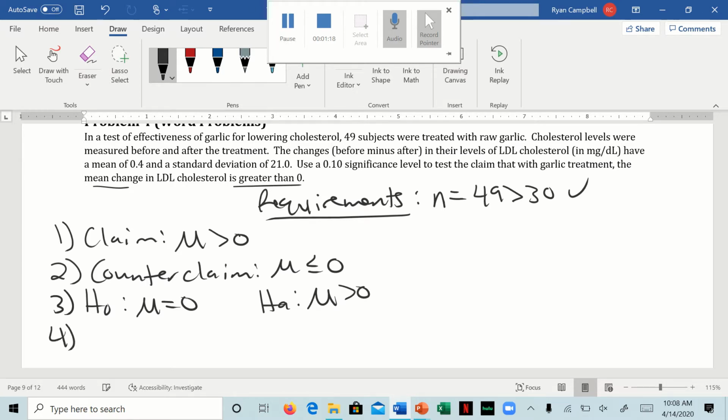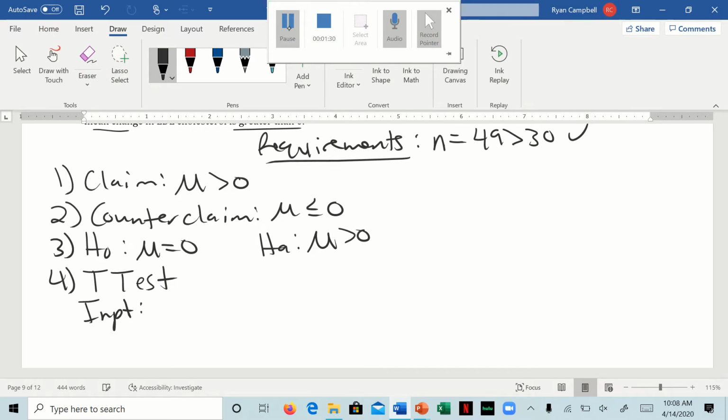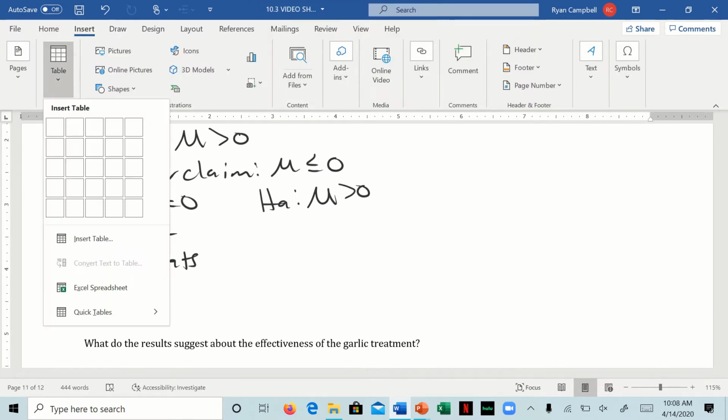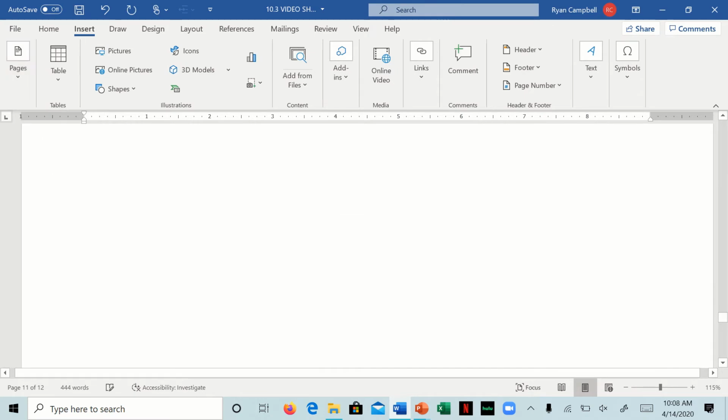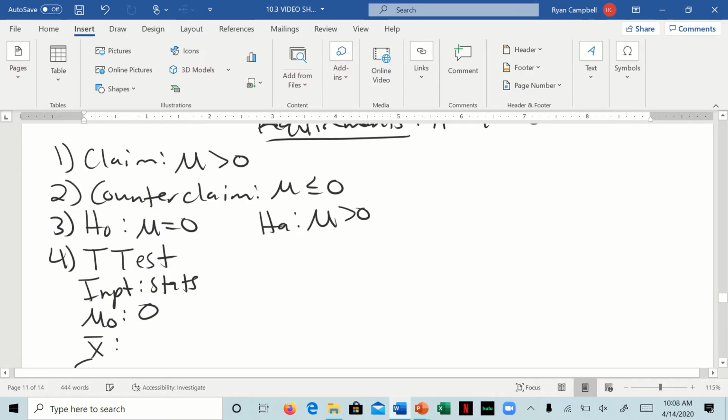Number 4. All right, since we're dealing with the mean, we're going to be doing a t-test. Our input is stats, because we were given statistics. Mu naught comes from H naught, so that's just going to be 0. X bar and Sx, it's our sample mean and sample standard deviation.